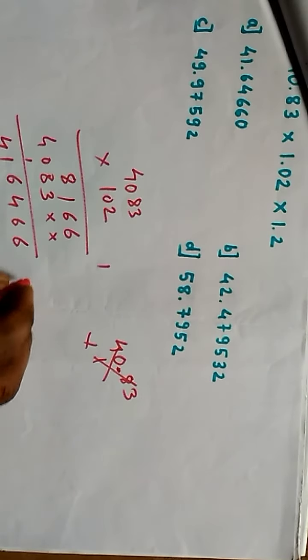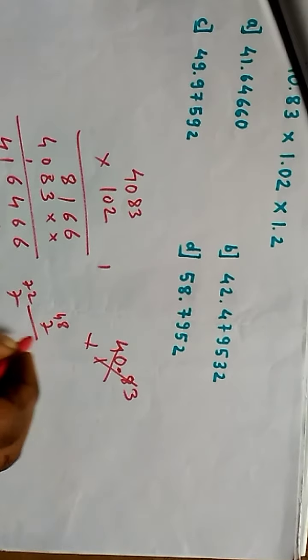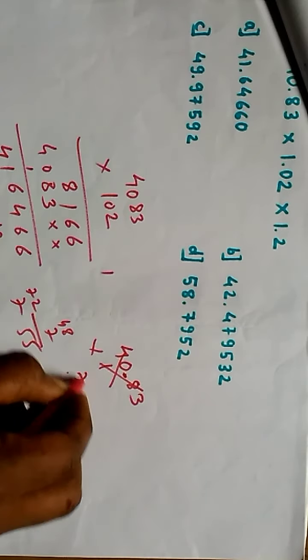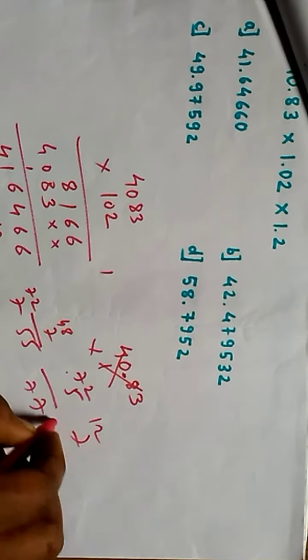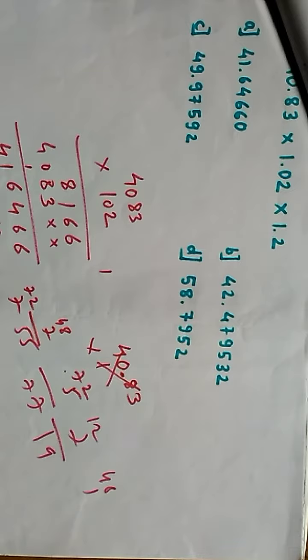Next 72, so 9 here, 7 carry. 12 4s are 48, so 15, that is 55, so 5 here, carry 5. Next 12 6s are 72, so 7 here, carry 7. Next 12 ones are 12, 12 plus 7, that is 19, so 9 here, 1 carry. 48 plus 49.